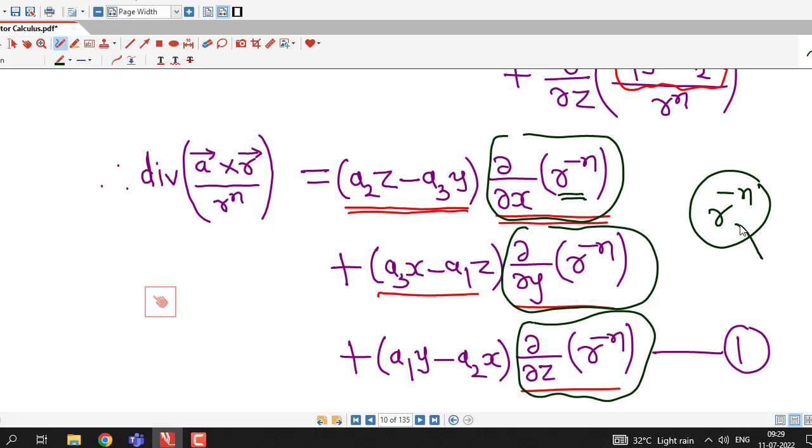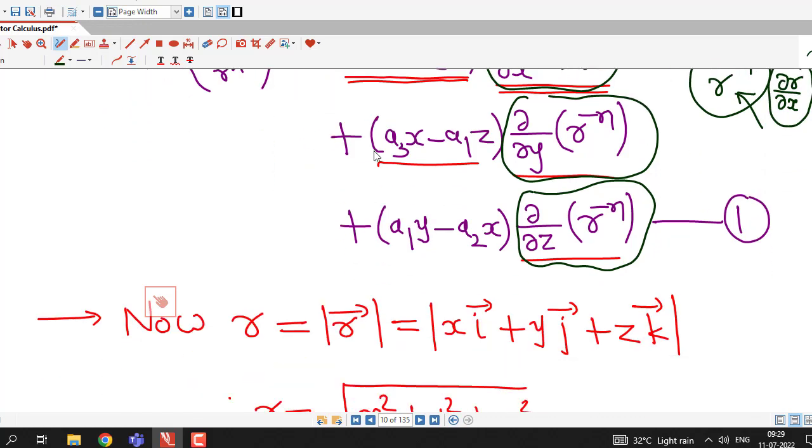So we can say that r raised to minus n is a composite function of x, y, z. To obtain the partial derivative of r raised to minus n with respect to x, we have to apply the chain rule. That is, first we differentiate this function with respect to r, and in the product we will find out del r by del x. So first we will require this quantity, del r by del x.